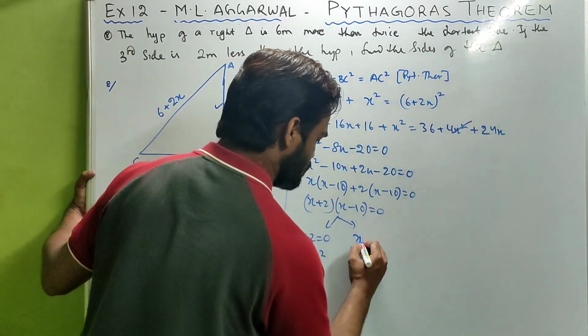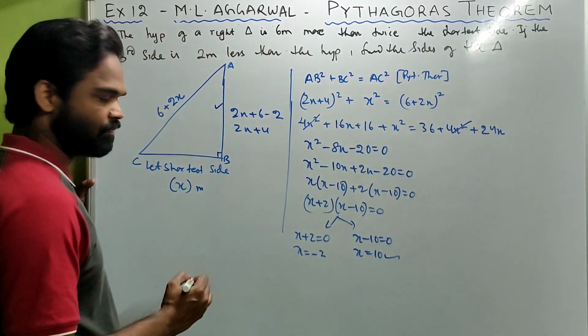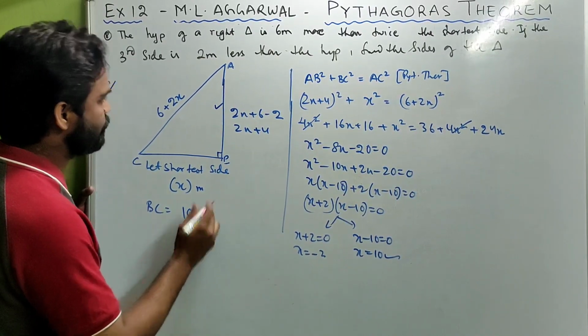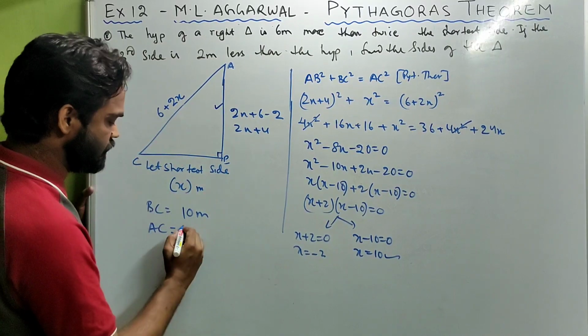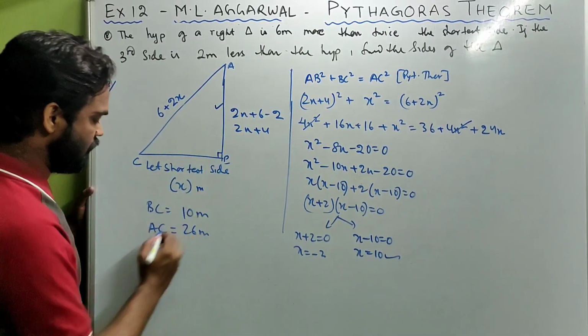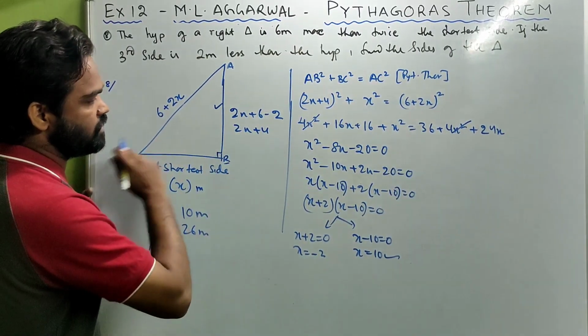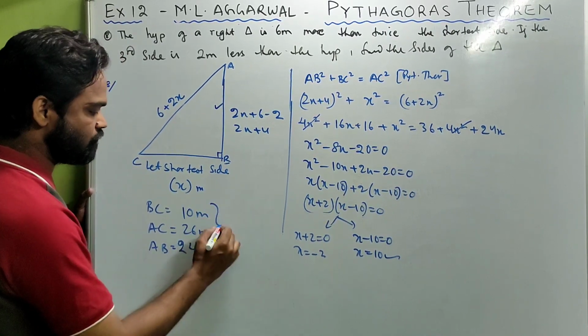And x minus 10 equals to 0, which means x equals to 10, this is possible, which means your BC is x meters, which is 10 meters, your AC is 2 times 10 plus 6, 26 meters, and your AB is 2 times 10 plus 4, 24 meters. So that's your three sides.